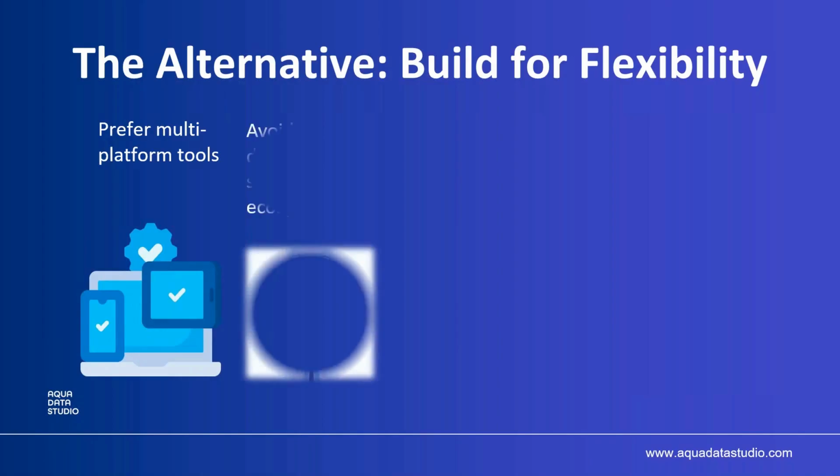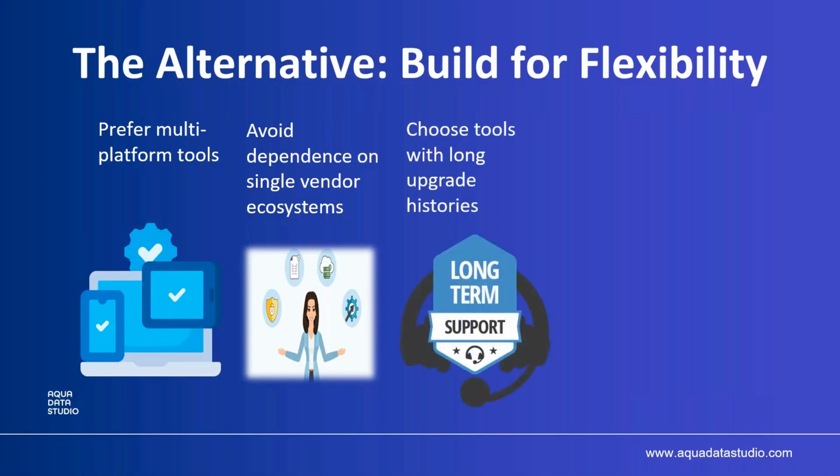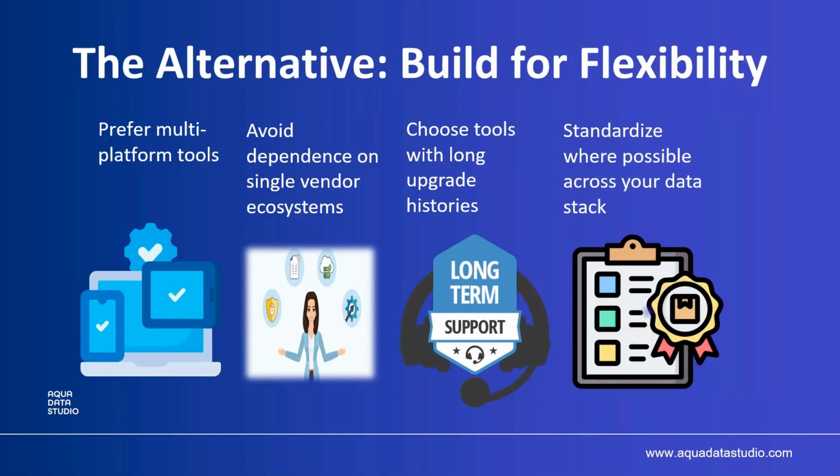It means avoiding tightly coupled integrations that make future migrations painful. It means preferring tools with long, consistent release histories. And it means standardizing where possible so your team is not learning new workflows for every database.